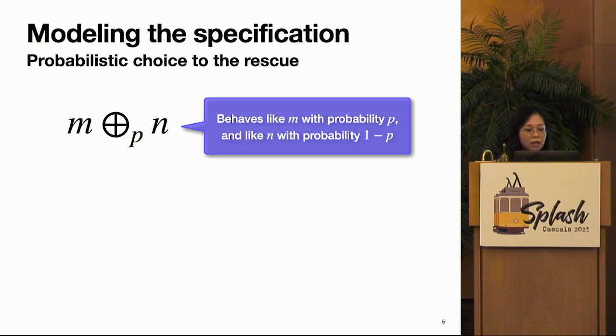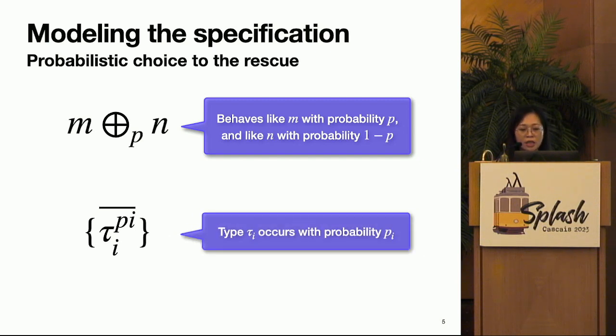This means that this expression behaves like M with probability P and like N with probability 1 minus P. And you also have this probabilistic type, meaning that the type T subscript i occurs with probability P subscript i.